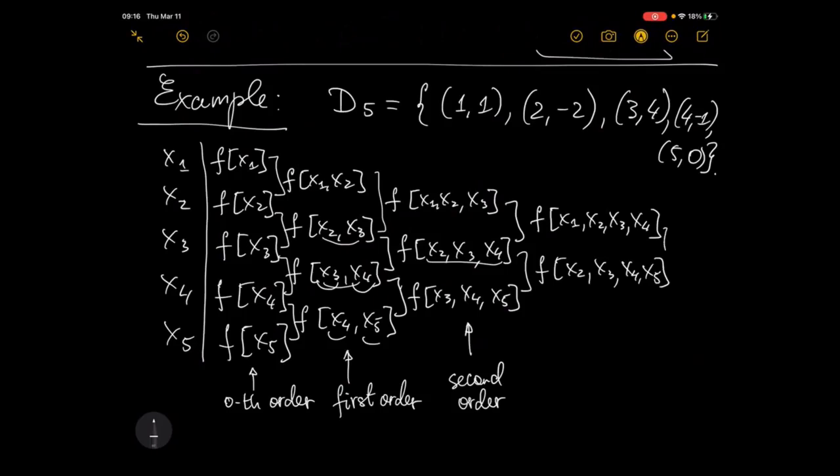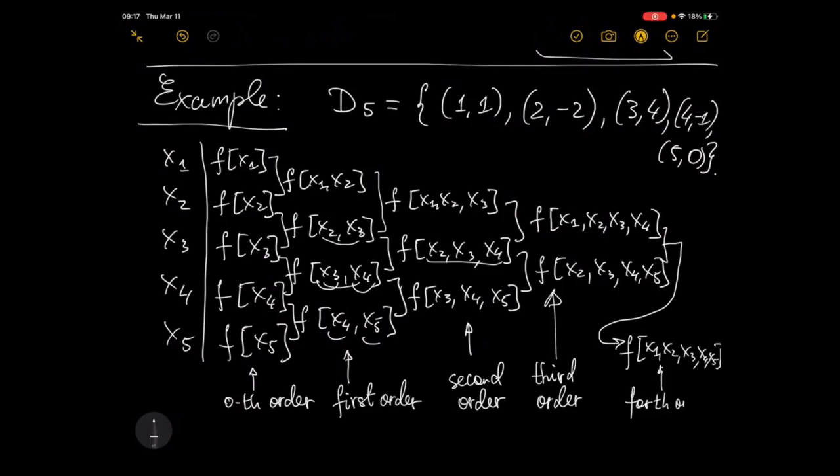And the last one, I will write it here, f of x1, x2, x3, x4, x5, all of them. So this is third order, and this is fourth order.